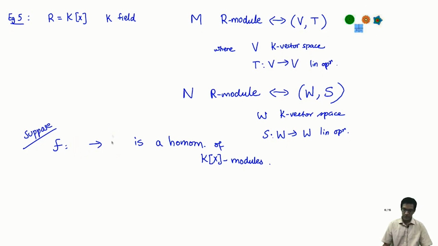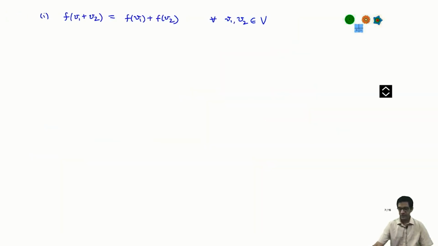So I should probably just replace M and N by the underlying vector spaces V and W. Okay, so the set is V and W, and I have a map between them which satisfies these two axioms. Number one, f of v1 plus v2 is f(v1) plus f(v2). So this is the additivity. Second property is f of rv is r f(v).